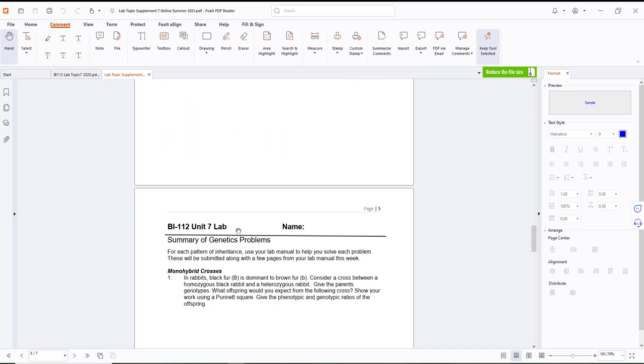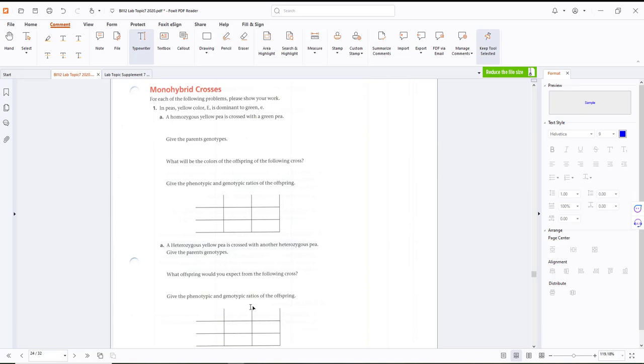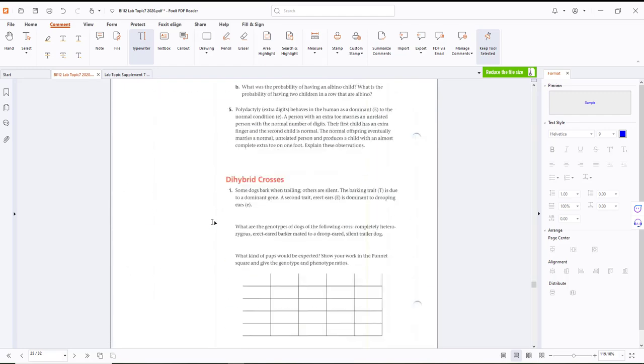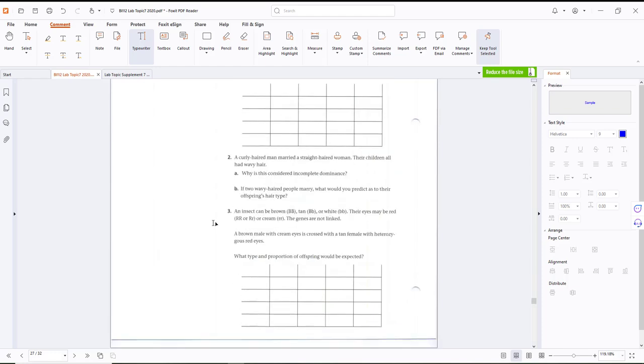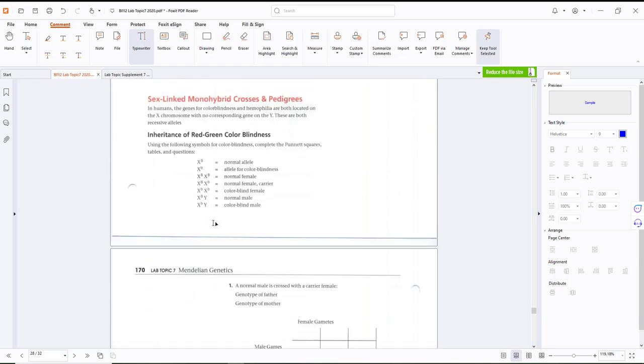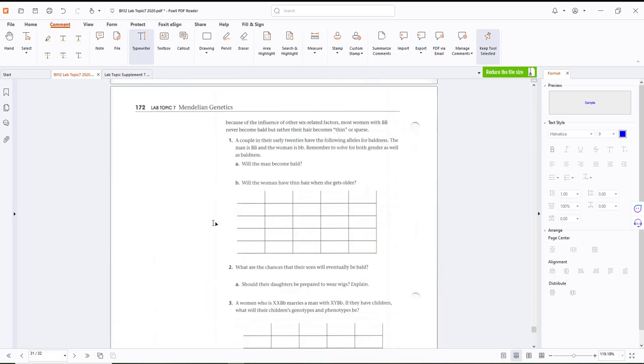Okay, so these are just practice problems from monohybrid crosses, and then dihybrid crosses, and then incomplete dominance, and then multiple alleles, and then sex-linked questions, and then sex-linked dihybrids, and so forth.